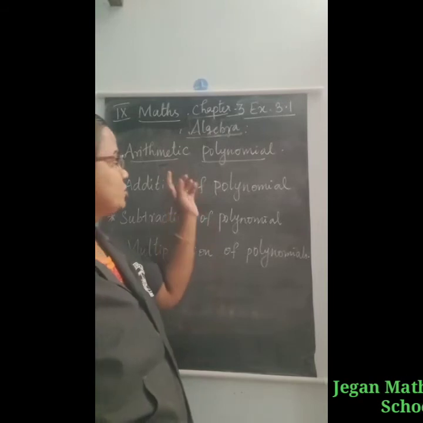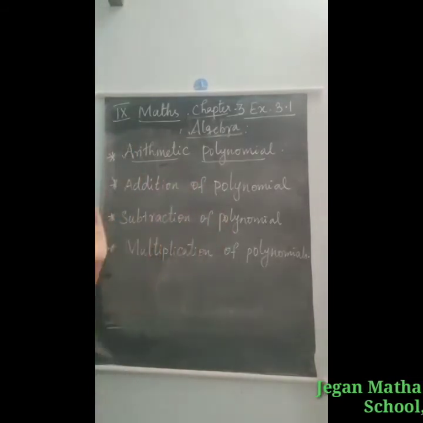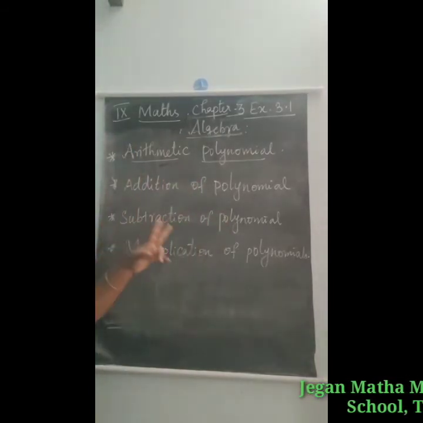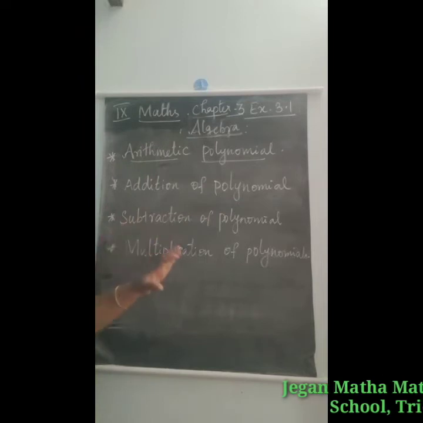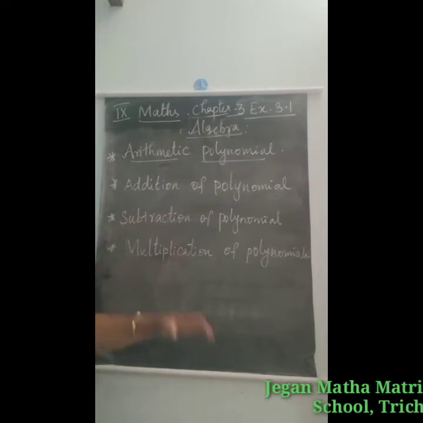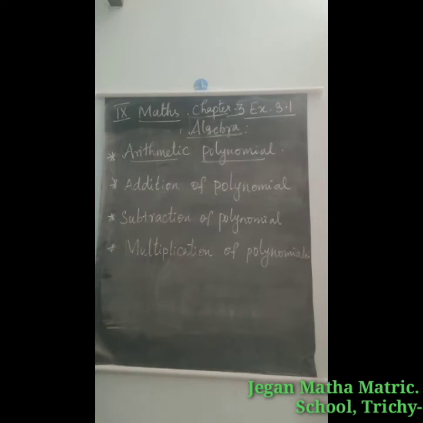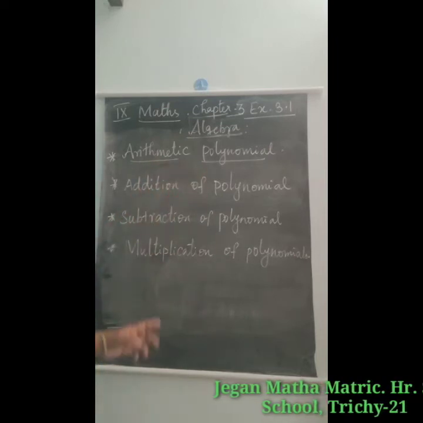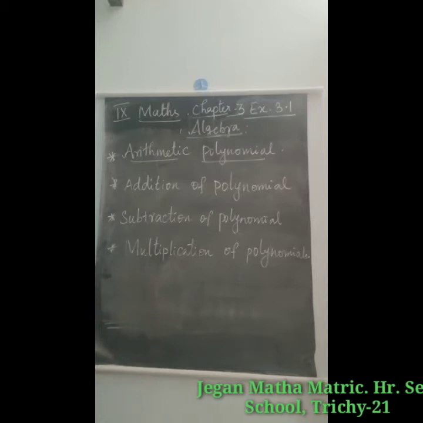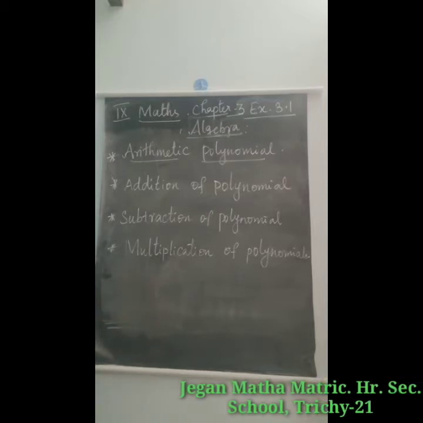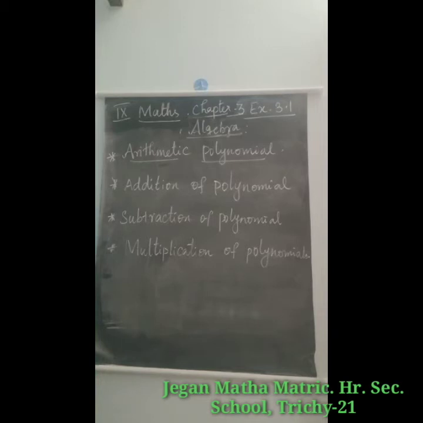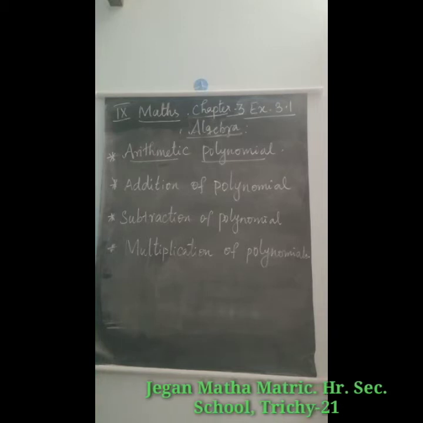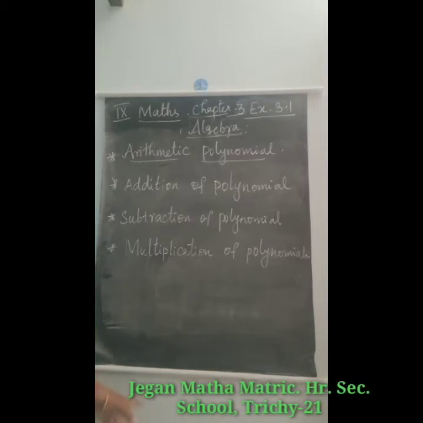Now we are going to see arithmetic of polynomial: addition of polynomial, subtraction of polynomial, multiplication of polynomial. What is arithmetic of polynomial? It means we can add polynomials, subtract one from another, multiply polynomials, divide one by another.